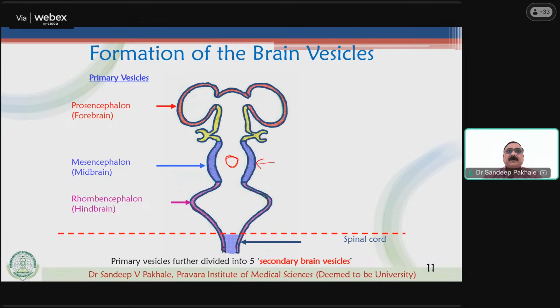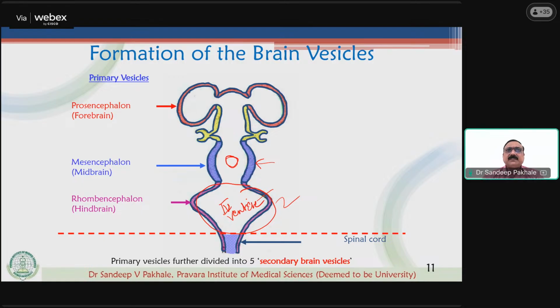The hindbrain divides into metencephalon and myelencephalon. So this part is divided into two parts, metencephalon and myelencephalon, forming the medulla oblongata. And the cavity of this is the fourth ventricle.